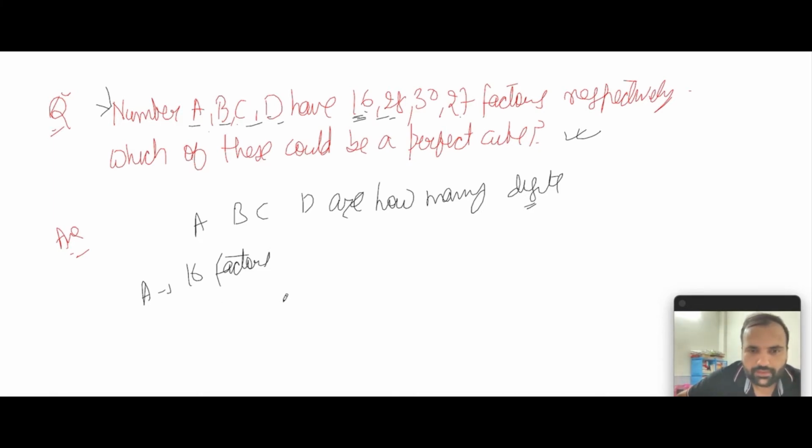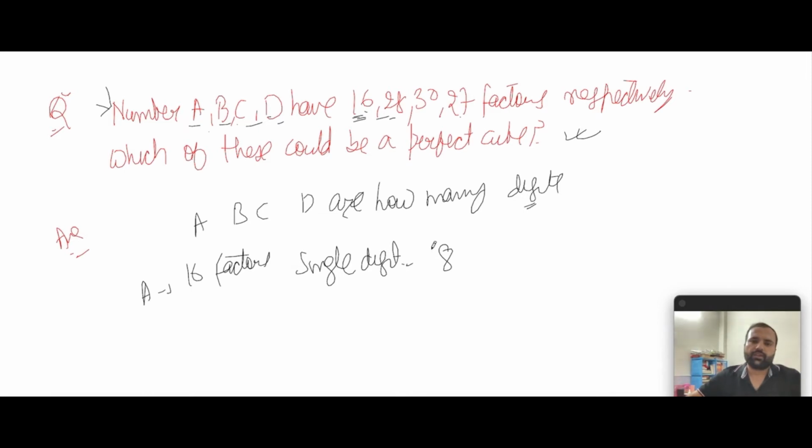let's see, 16 factors. So if we consider a single digit number, because we don't know first of all if it is a single or a multiple digit number, so it is 8 for example.